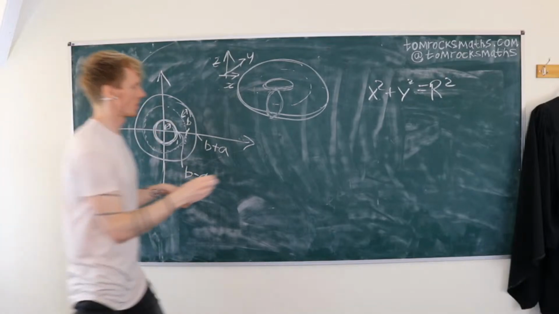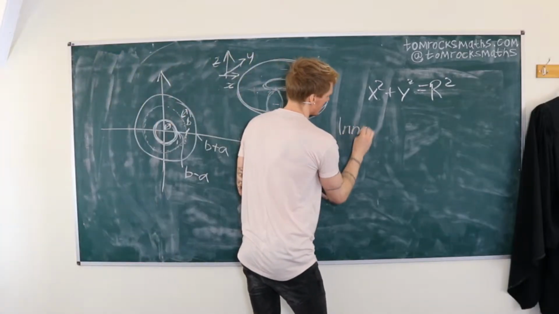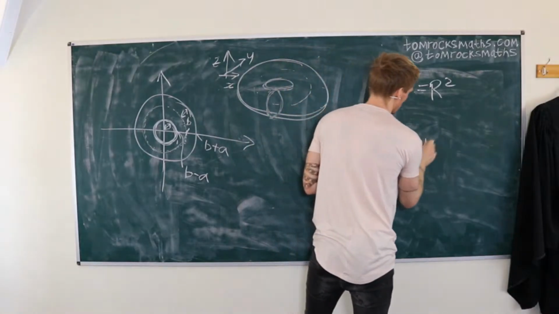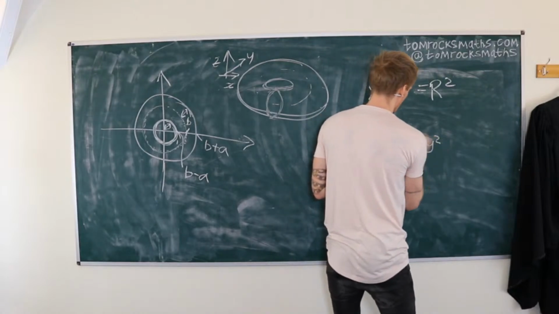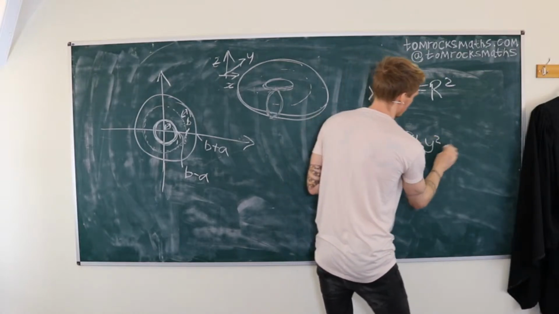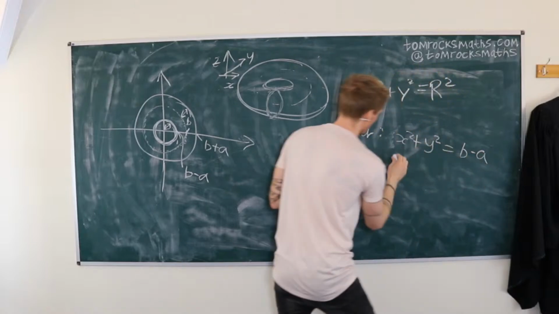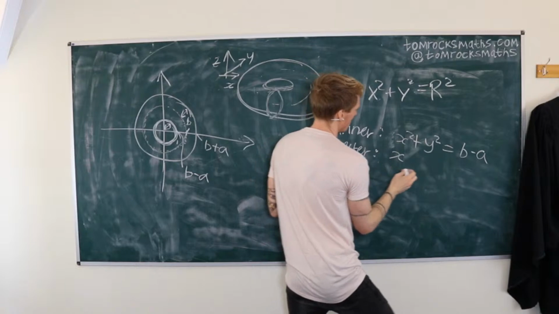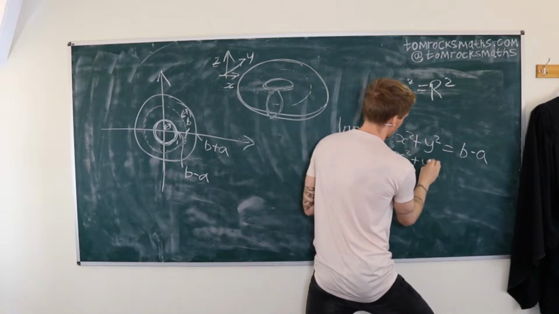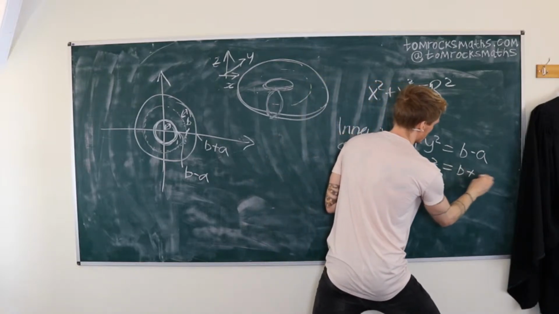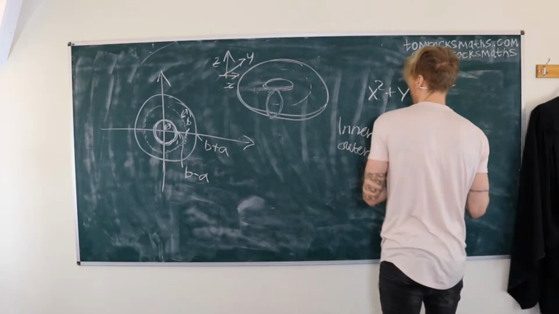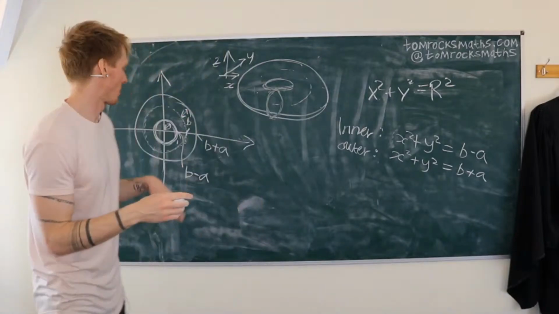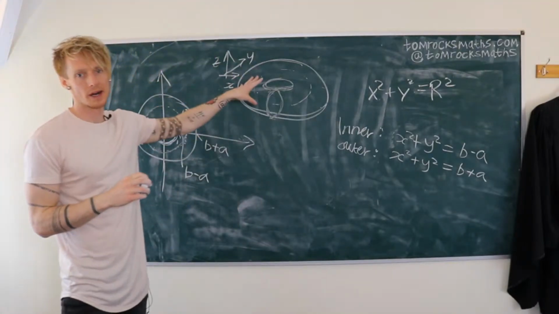So the inner circle is x squared plus y squared equals b minus a, and the outer circle is given by x squared plus y squared equals b plus a. That's the starting point and the way that we define this viewed from above.